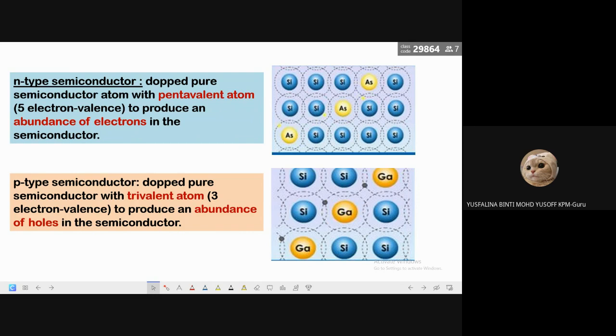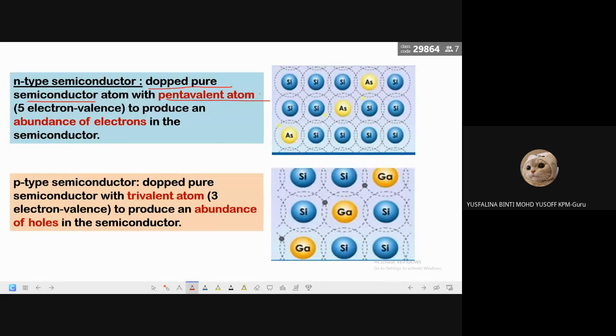So for the N-type, this is the bottom part. Dope the pure semiconductor with a pentavalent atom. Penta means 5, right? Pentagon means 5. So a pentavalent atom means it has 5 valence electrons, to produce an abundance of electrons in the semiconductor. Remember just now, silicon has 4 valence electrons, correct?